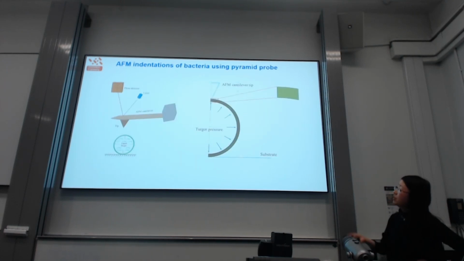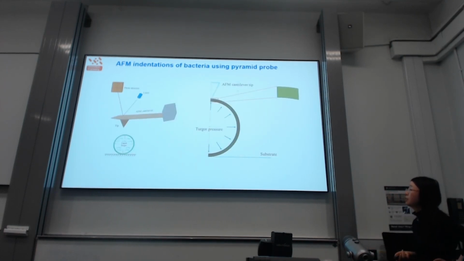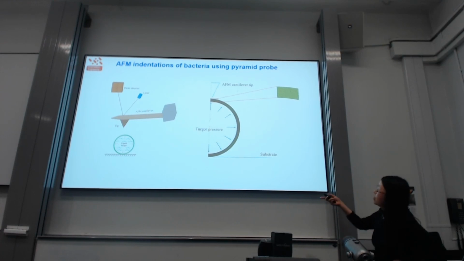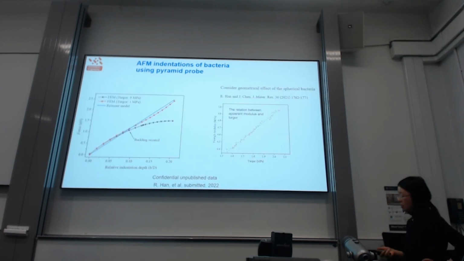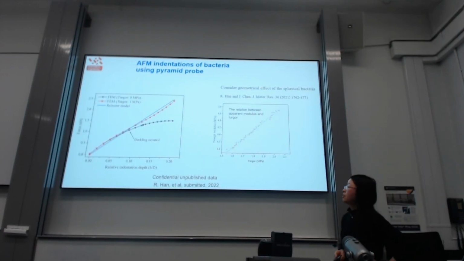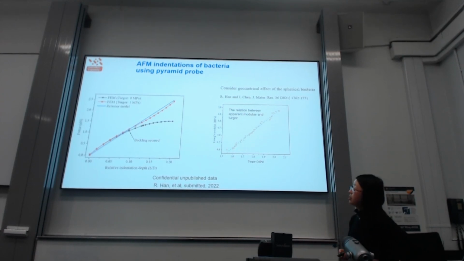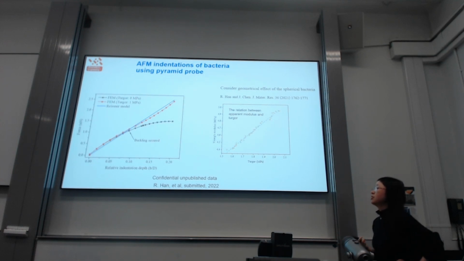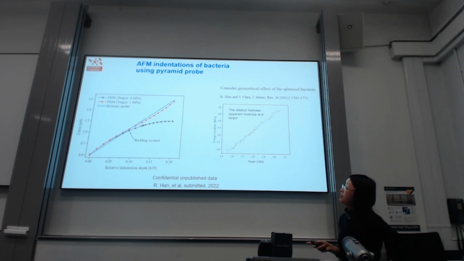If we use the pyramid indenter, in order to determine the cell wall stiffness and the turgor, we also did finite element simulations. We compared the FE simulations with some analytical solutions, for example the Sneddon model. That model was originally developed for engineering materials, but the key point is that it assumes point loading.